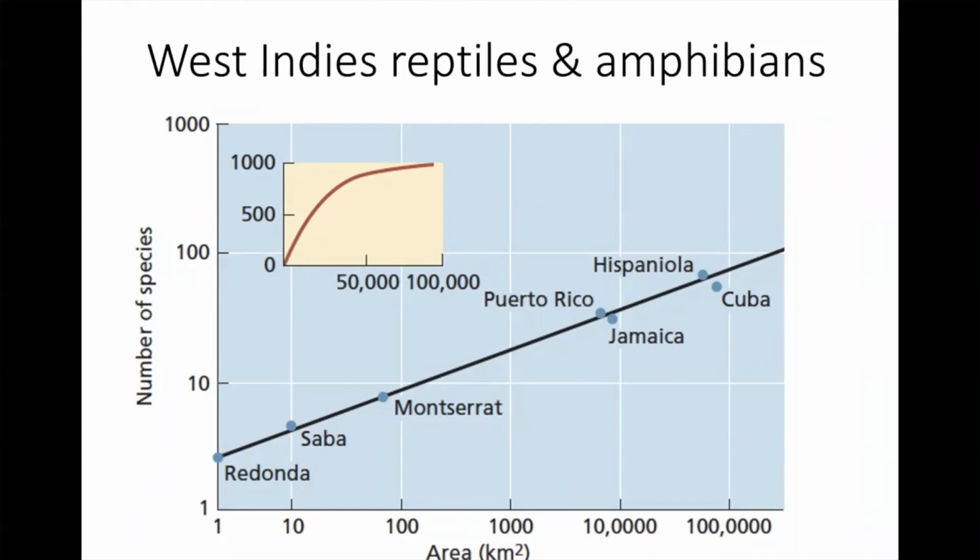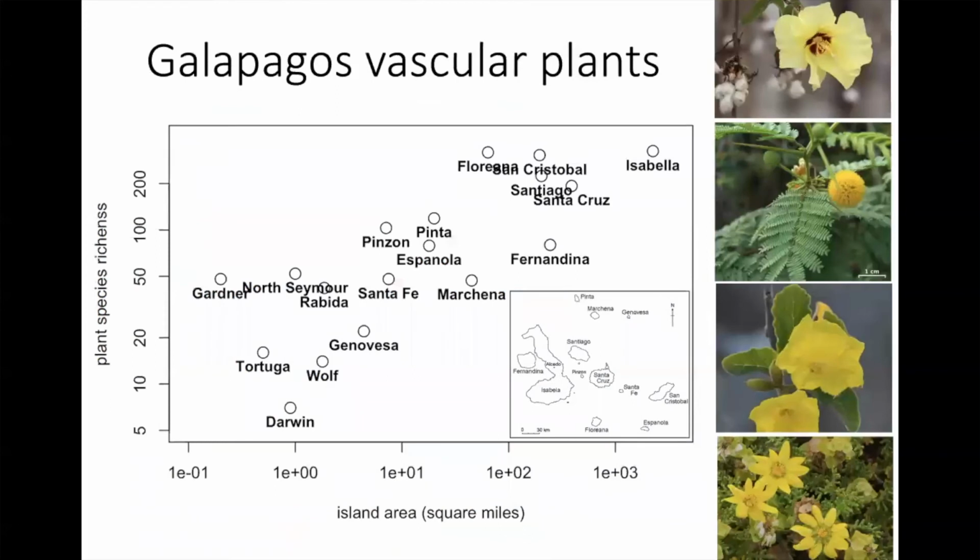Cuba is actually quite a bit larger. And here's Hispaniola and Puerto Rico. Of course, Hispaniola is a lot larger than Puerto Rico, but look how they show up on this log scale. They look closer together than you might think if you put this on a normal scale. So the point is here, you can see that as area goes up, the number of species goes up.